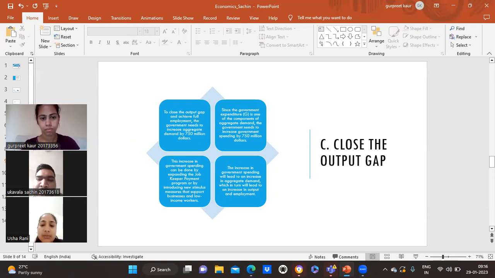This increase in government spending can be done by expanding the JobKeeper payment program or by introducing new stimulus measures that support businesses and low income workers. The increase in government spending will lead to an increase in aggregate demand, which in turn will lead to an increase in output and employment.